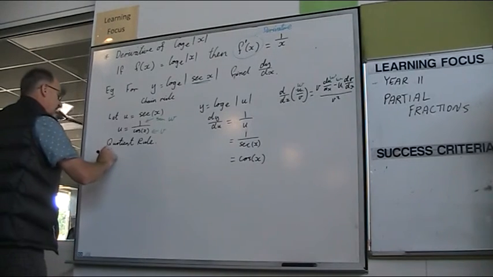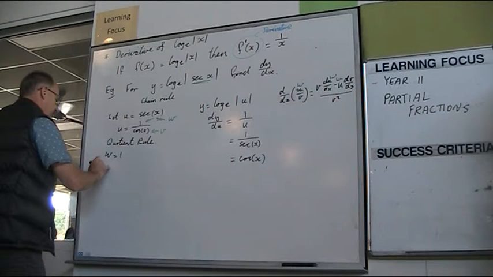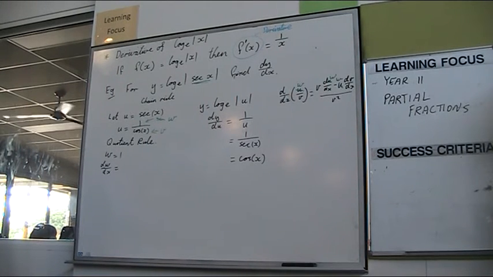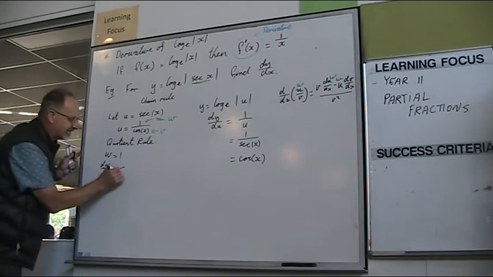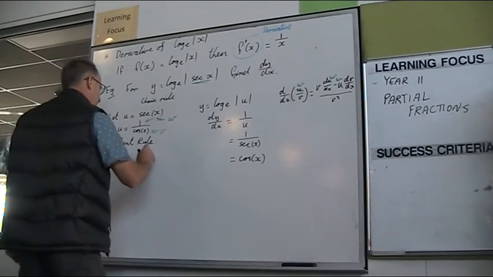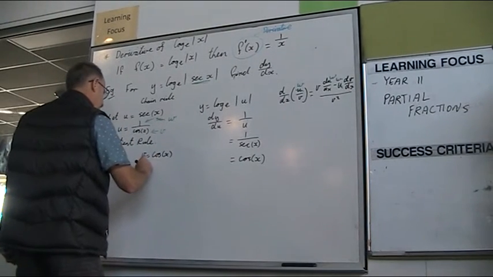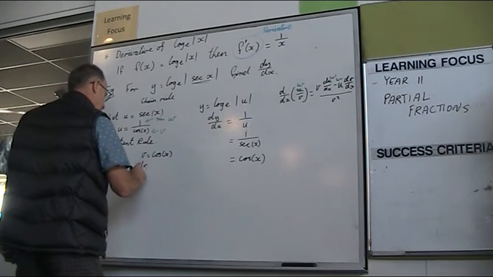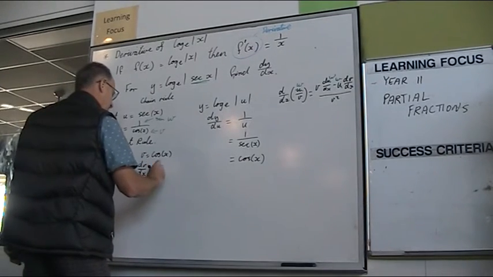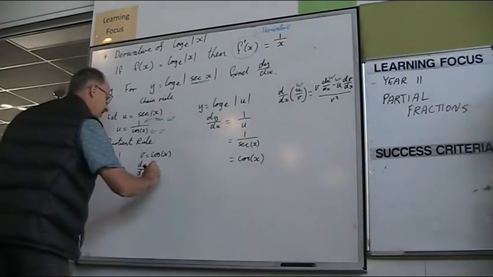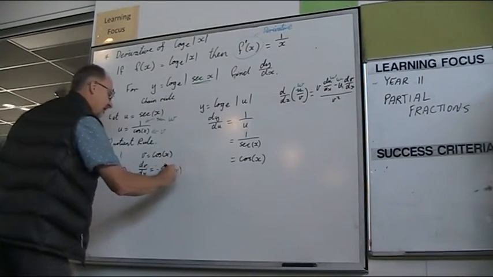All right, so w is equal to 1. What's the derivative? When we differentiate 1, we get what do we get? 0. Yes. All right, v is cos x, and when we differentiate that, if you look up your patterns, you get negative sin x.